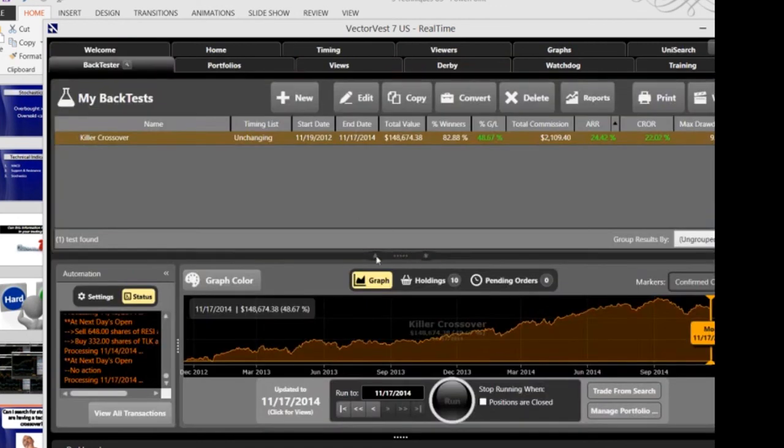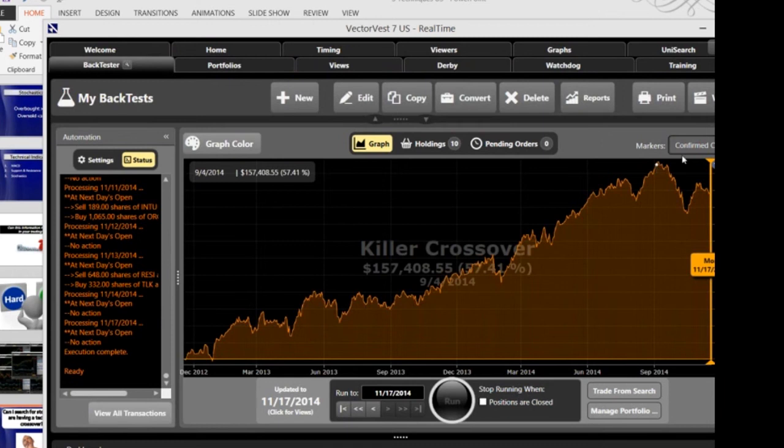So you can actually historically test any trading system, again, from 1995 on. This is that portfolio, that trading system that I mentioned to you earlier that I use. And it's called the Killer Crossover. I know it's kind of a weird name. We have several of them, but this is one that I modified for my own use.